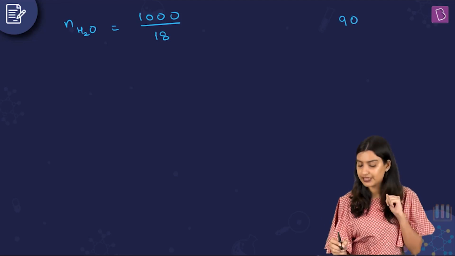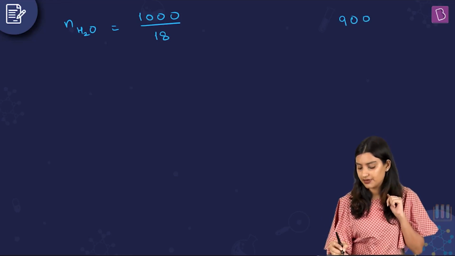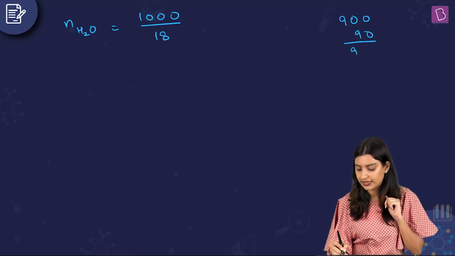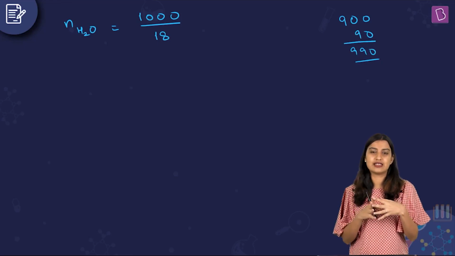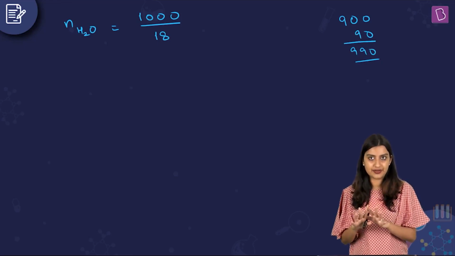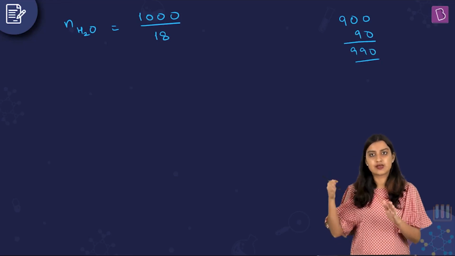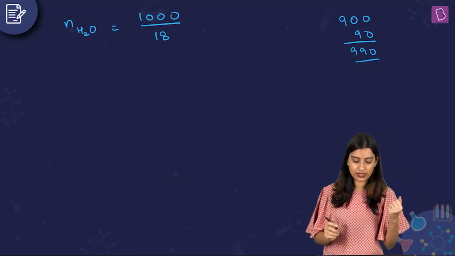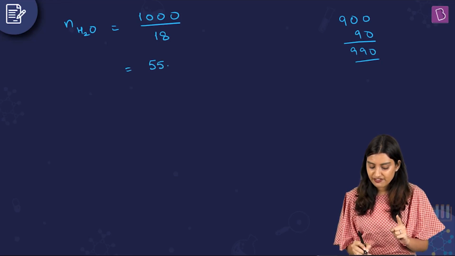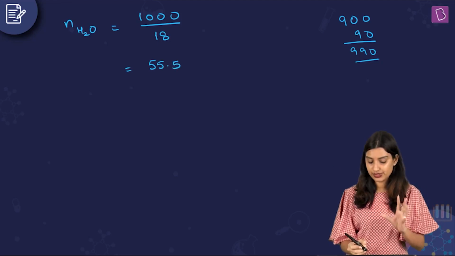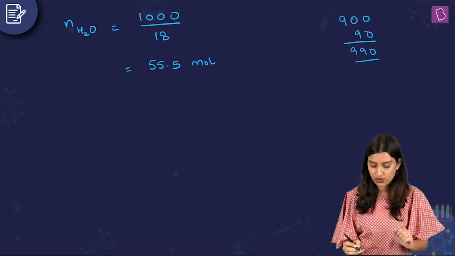So 18 into 50 is going to be 900, right? If I add 90, I get 990. So from 1000, if I subtract 990, basically I have just 10 left, right? Which again, I can write as 0.5, and get away with it. So basically, my number of moles is going to come out to be 55.5. Okay, so I have 55.5 moles of water.